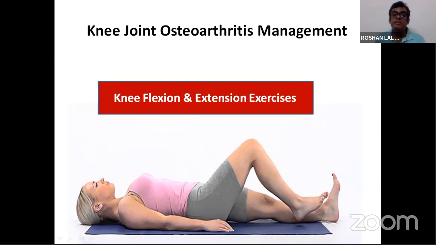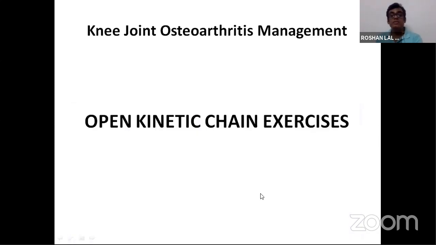In supine lying, the flexion and extension of the knee joint. In supine lying, we can ask the patient to raise the leg or SLR, side SLR. In prone, we can ask the patient to raise the leg. So all these exercises are isotonic exercises, which will not put additional load on the knee joints.